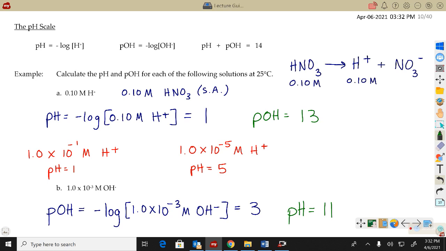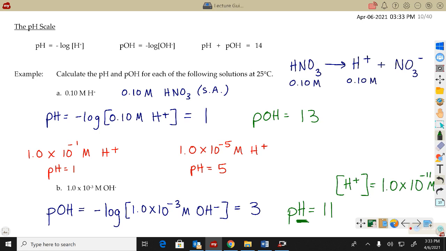So if I'm looking at, let's say, example B, and I have the pH as 11, well, then the hydrogen concentration is 1.0 times 10 to the negative 11th molar. That's crazy tiny. That's super tiny. And again, pH is a measure of hydrogen in the solution.